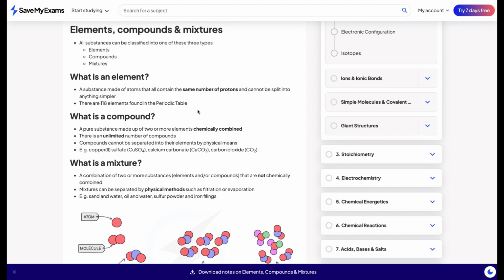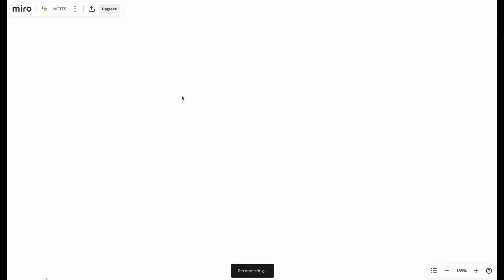They combine chemically. For example, if you take sodium plus chlorine and react them together, then you get something different, right? Sodium, we write the symbol, sodium is Na.